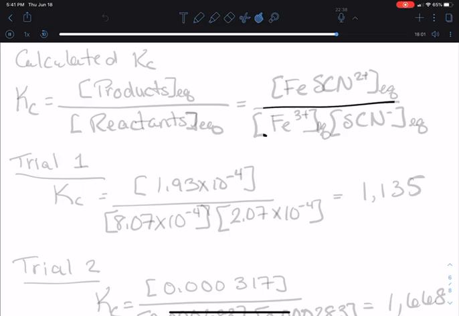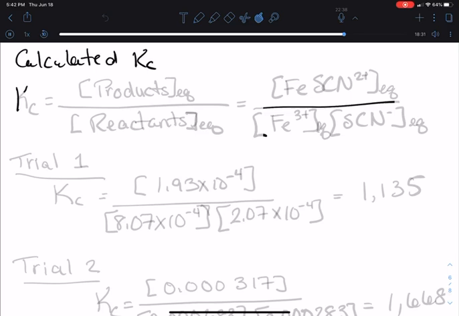So we're going to do that down here below the other steps. So our calculated Kc values.